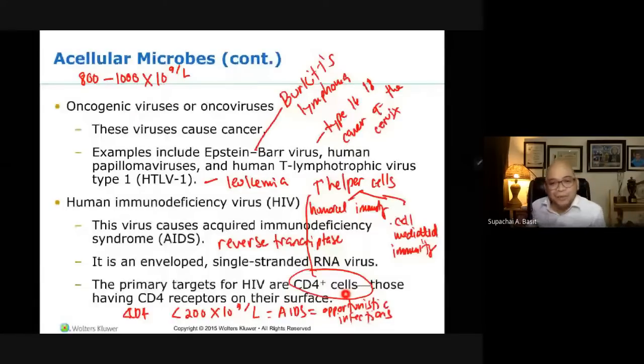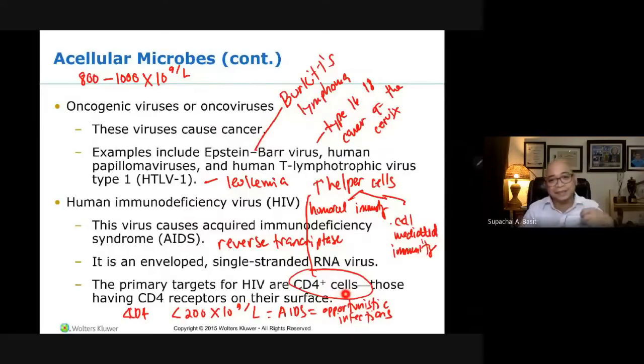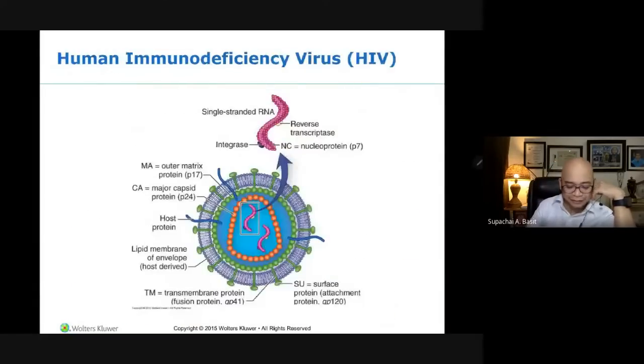When you say opportunistic infections, these are infections caused by organisms that take advantage of hosts with a weak immune system. Okay, and one of the most important enzymes is the reverse transcriptase that allows them to code for the DNA.